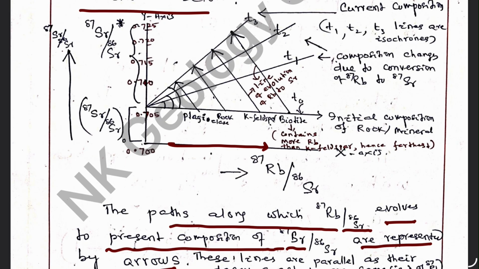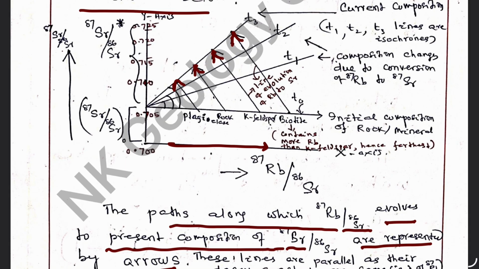So we put the values of these two ratios in the graph, and when they are plotted, they yield straight lines, which have been indicated here by arrows. The arrow shows the evolution of rubidium 87 to strontium 87.